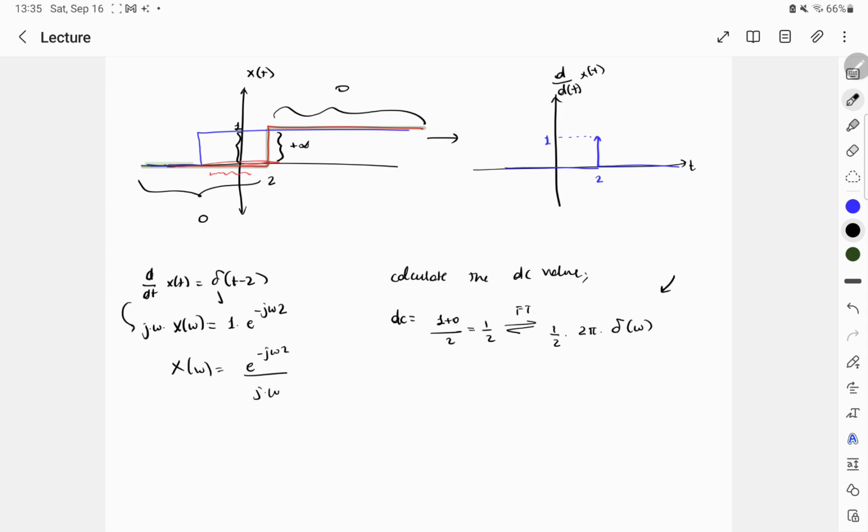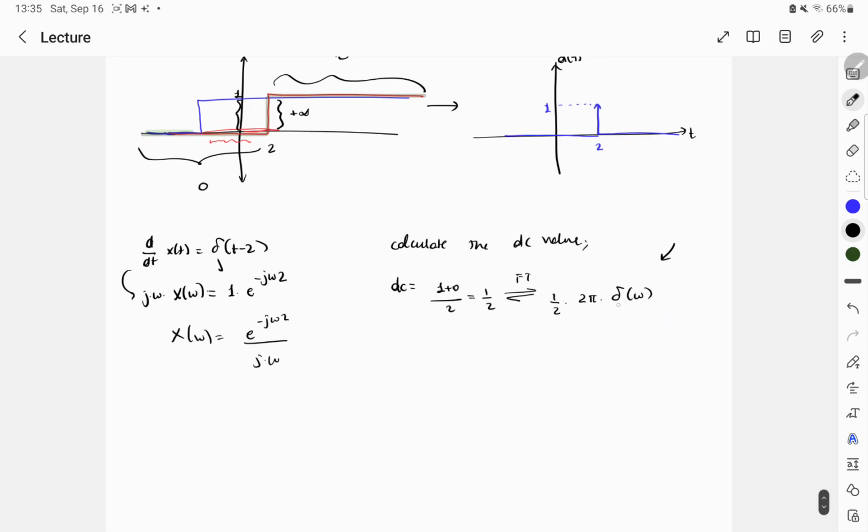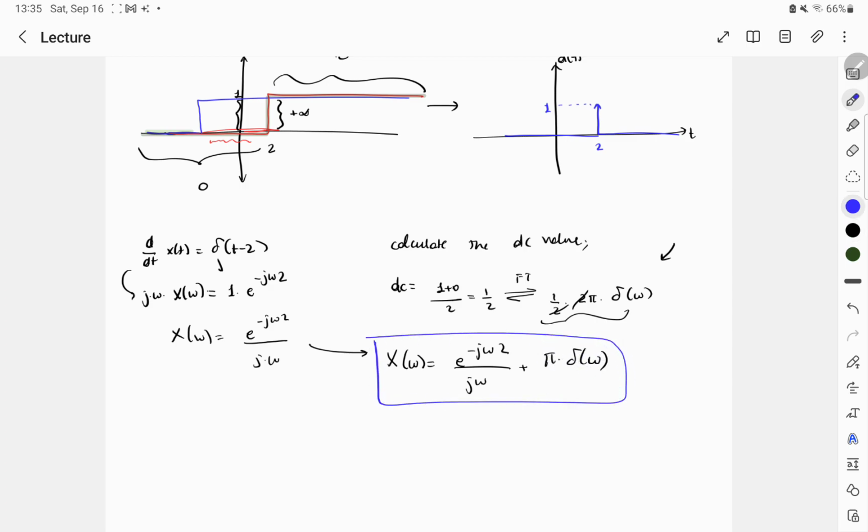The proof of this is shown in a previous video if you're interested in watching it. Then we just add this result to our function's Fourier transform, and our final result will be this expression over here plus pi times delta(omega). And this is the result of our example.